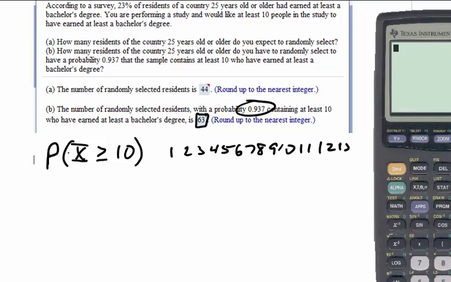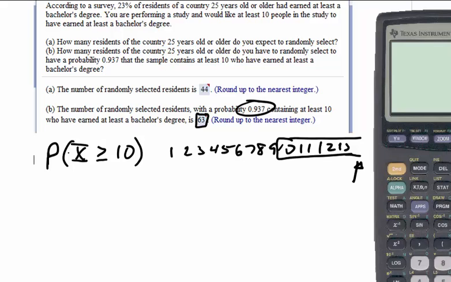So how many do I have to select for this? So at least 10. So I'm looking for this right here. I'm actually looking for what number needs to go in there. I don't know what that's going to be. So how many do I need to select in order that I get at least 10?